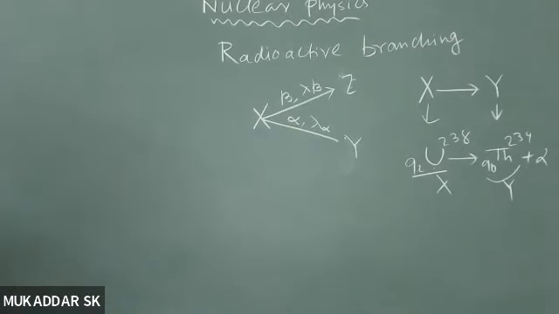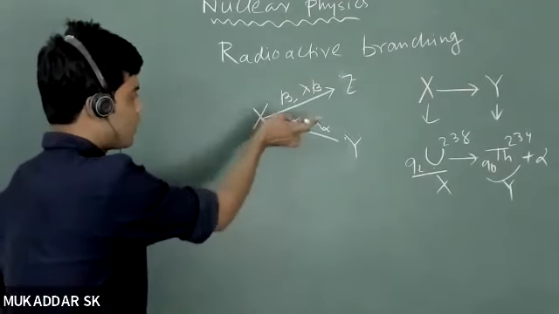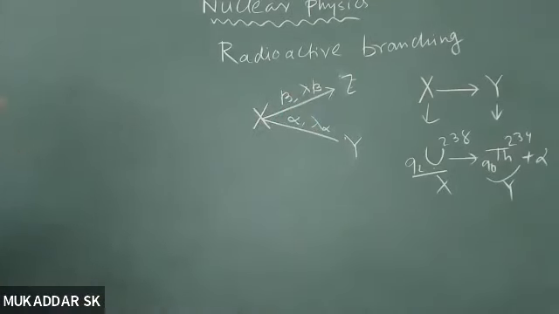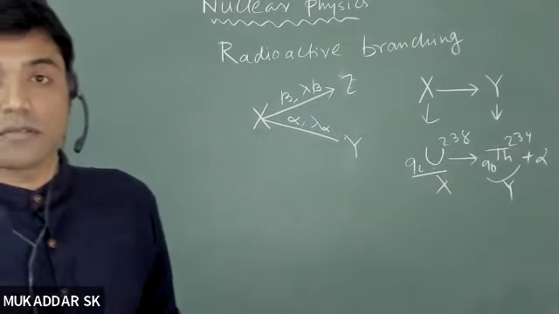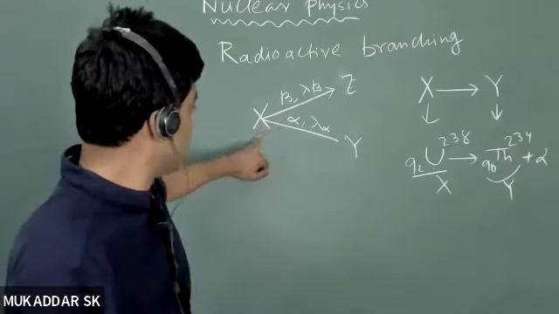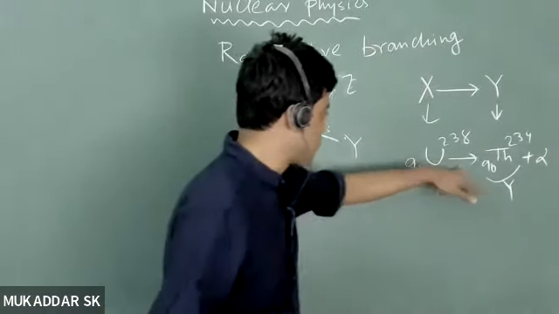Yes, the process is happening at the same time, and it can achieve stability by emitting alpha decay, or by emitting beta decay, or gamma also. But please keep in mind, this process is very rare. There are very few radioactive nuclei that will follow this kind of scenario. Otherwise, most of the radioactive nuclei will have a single chain.